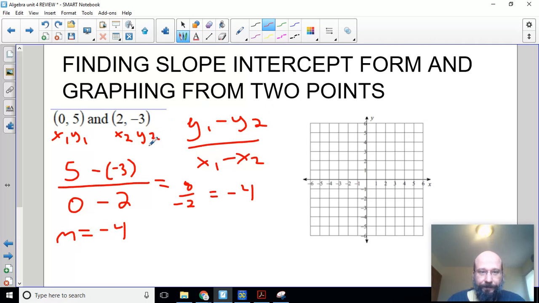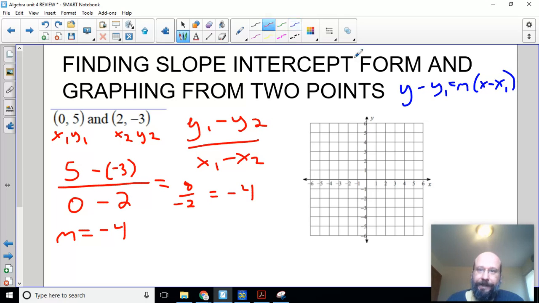This is our first step, and I have a video on finding slope from 2 points. But now, since we're going to need to end up graphing it, we need to use our other formula, our point slope formula, because we have a slope, which is negative 4, and we have a point, right? We have 2 points. We can pick one of them. Remember, this formula is y minus y1 equals m times x minus x1, right?